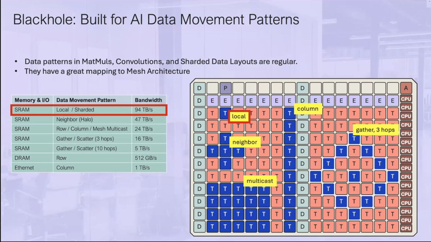To rewind a bit, when I say sharded, I'm referring to when you have an application with data first in DRAM, and you move it to what you can think of as a partitioned global address space, where each core is now working on its local partition. Between different operations, say multiple matmuls in a row, I'm not moving that data.